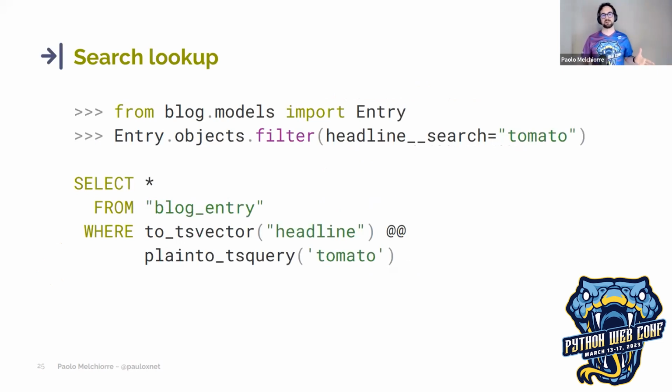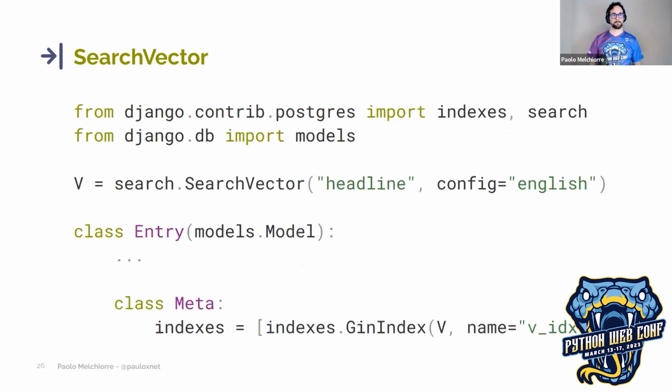Without any customization, we are able to perform a full-text search on a single field of the entry model. For example, we can search for a word in the plural form and have results in the singular form. This is a very convenient way to start using the Postgres full-text search out of the box in Django.